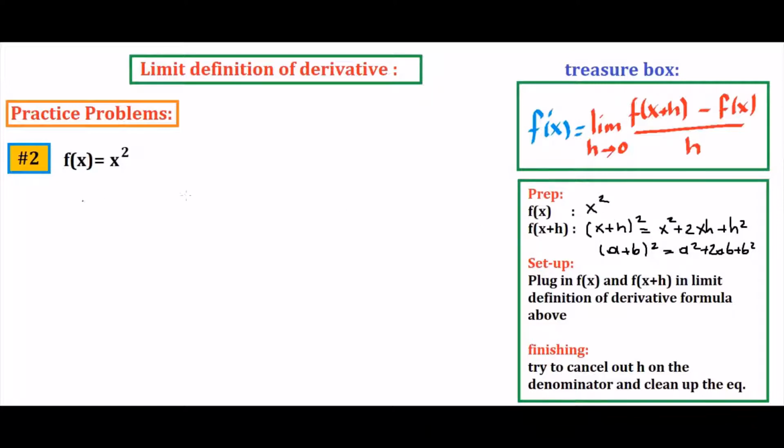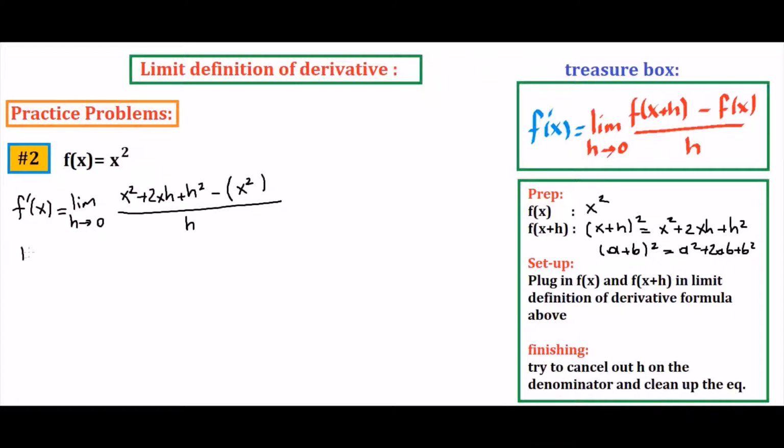Now we're going to place f of x and f of x plus h values into our formula. So f prime of x is equal to the limit as h approaches 0 of f of x plus h, what we found, x squared plus 2xh plus h squared, minus, don't forget to open up parentheses, and then the f of x value is x squared, all over h.